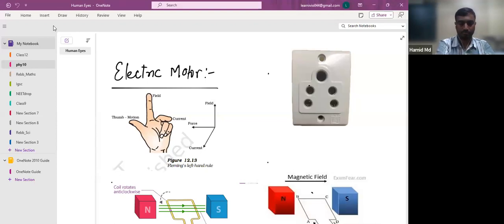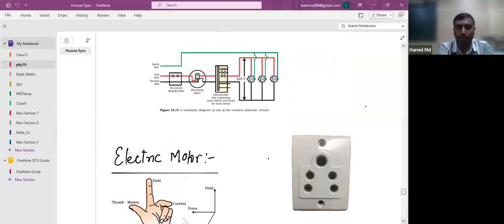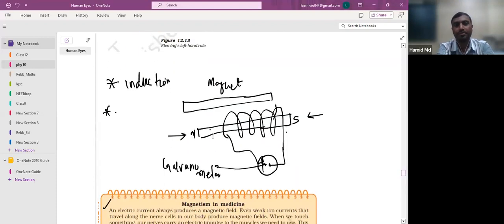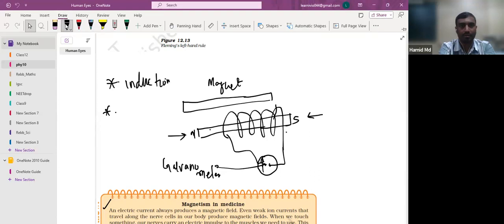Sir, I'm not sure. So you didn't study the textbook? Let's start with this. What is this? Do you remember anything? What does this arrow mean?